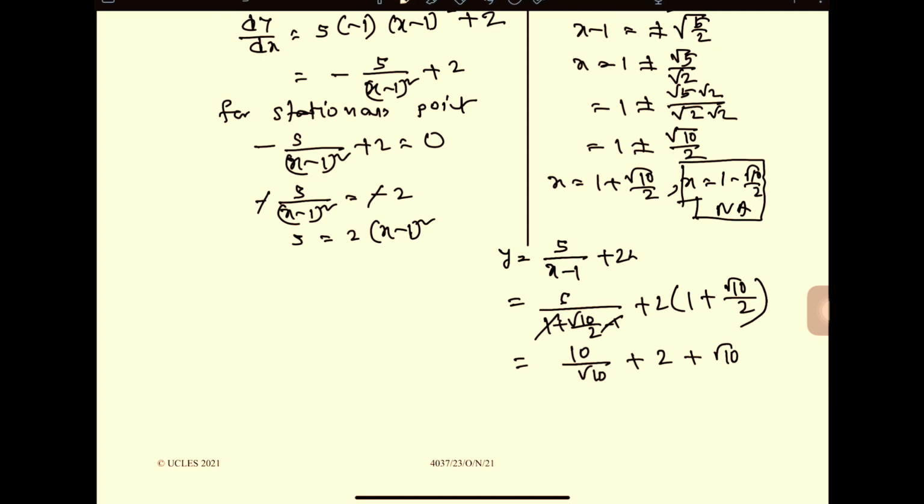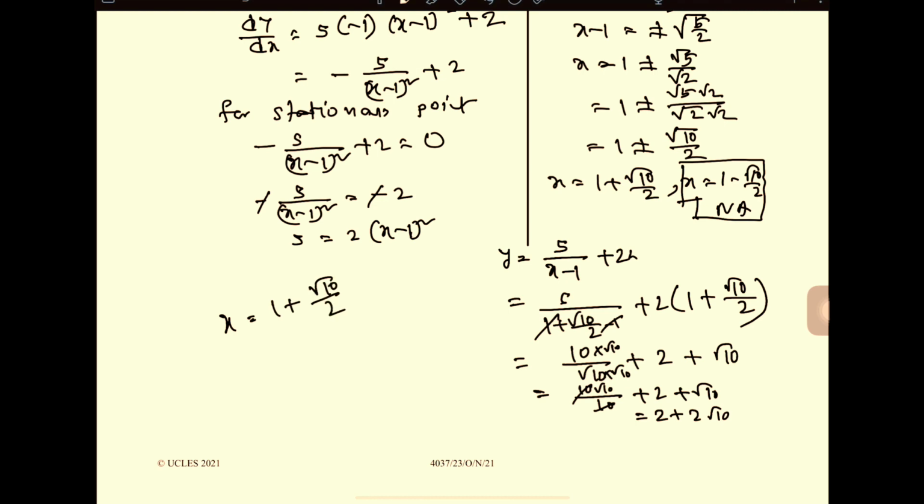If we rationalize this one, root 10 by root 10, so it will be 10 root 10 divided by 10 plus 2 plus root 10. 10 cancel, so it is becoming 2 plus root 10. So x is 1 plus root 10 divided by 2 and y equals 2 plus 2 root 10.